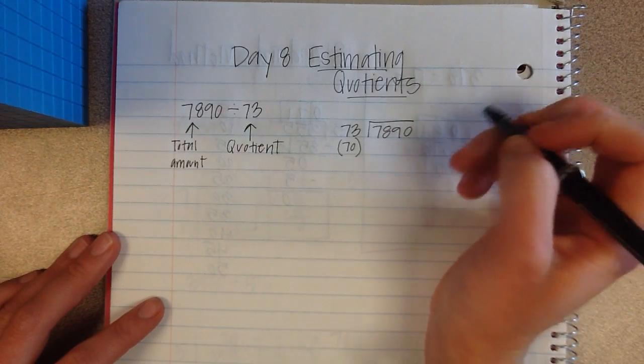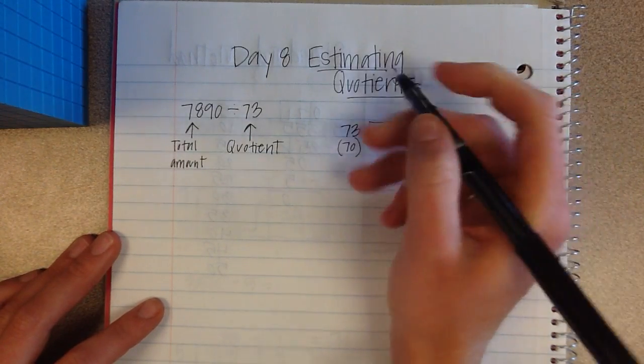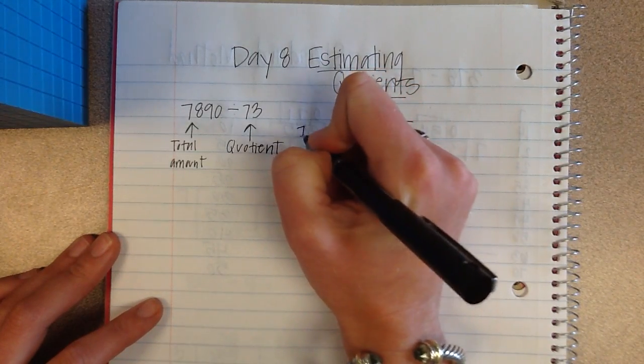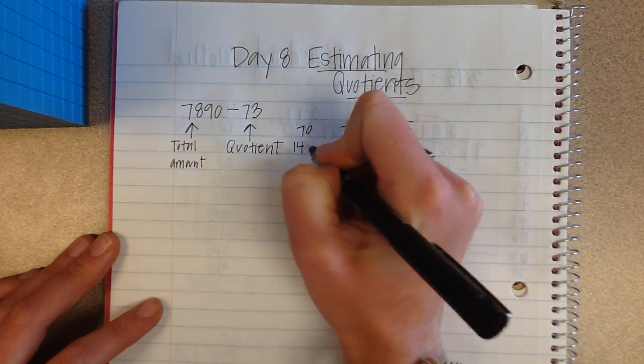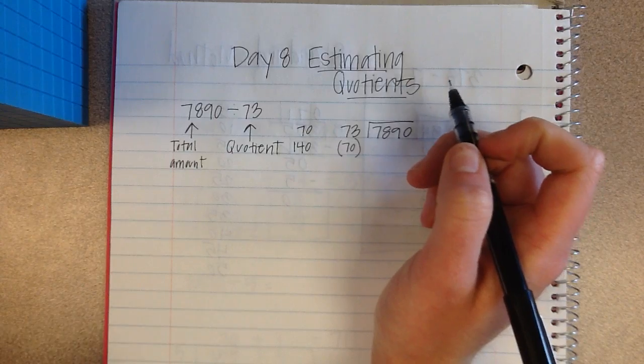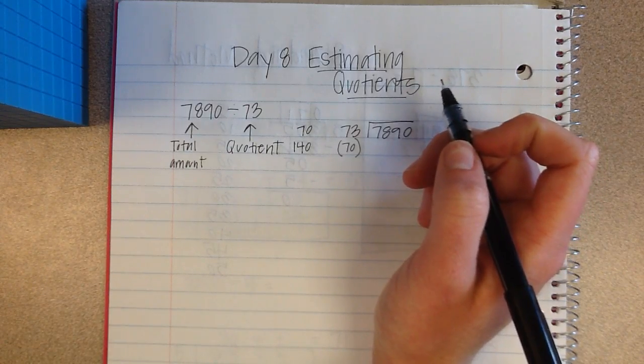Now, like yesterday, we're going to write our facts to the right. 70, 140. Now let me go ahead and show you a trick real quickly. Say you don't know your 70 facts. Let's think of power of 10.